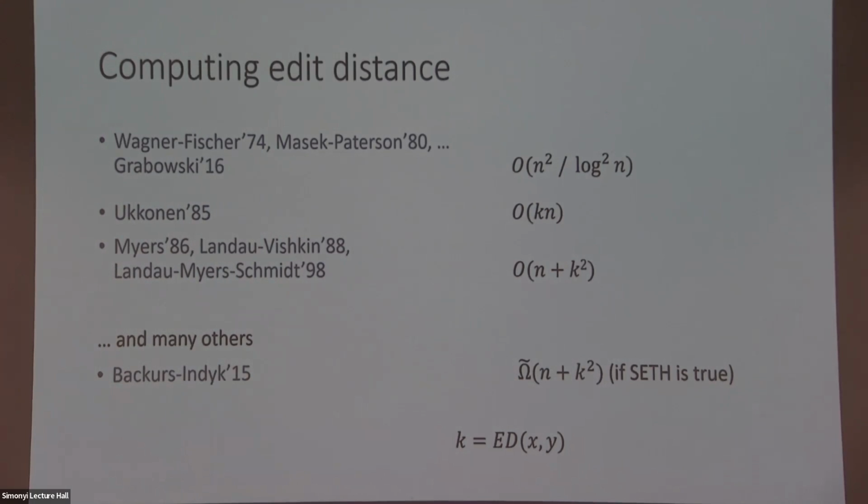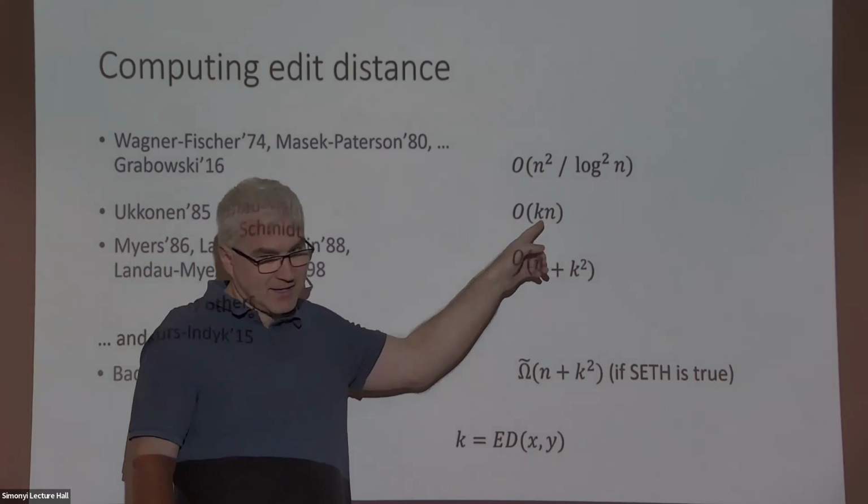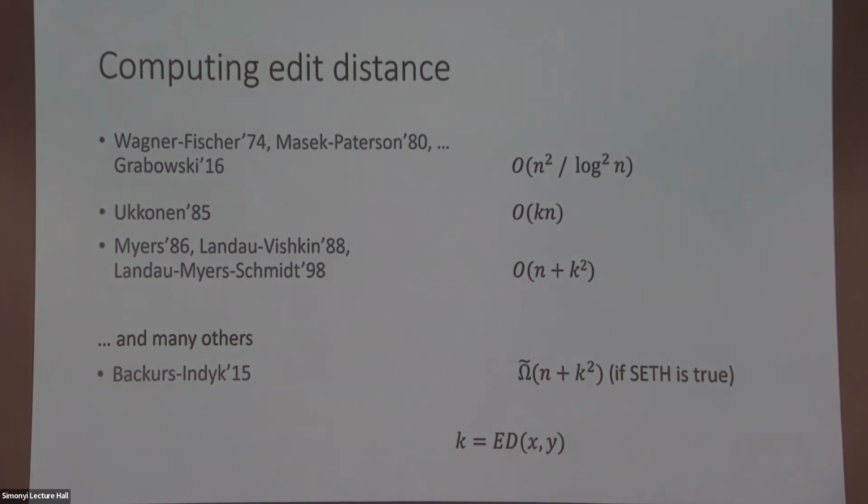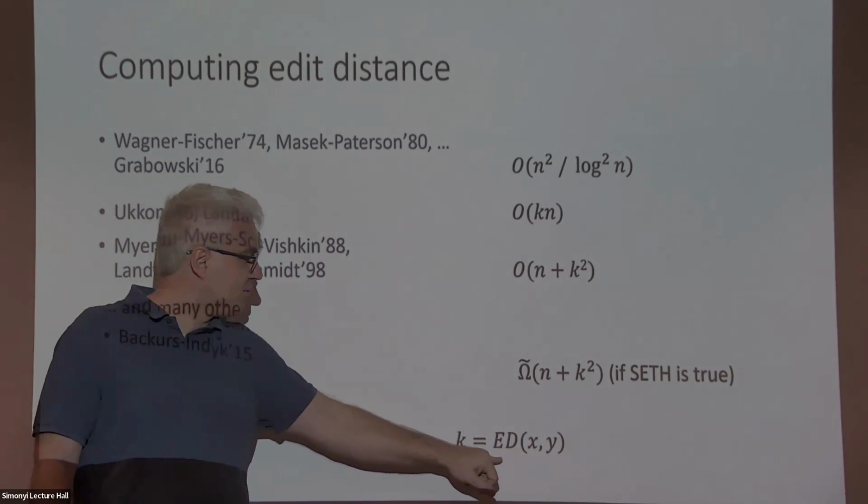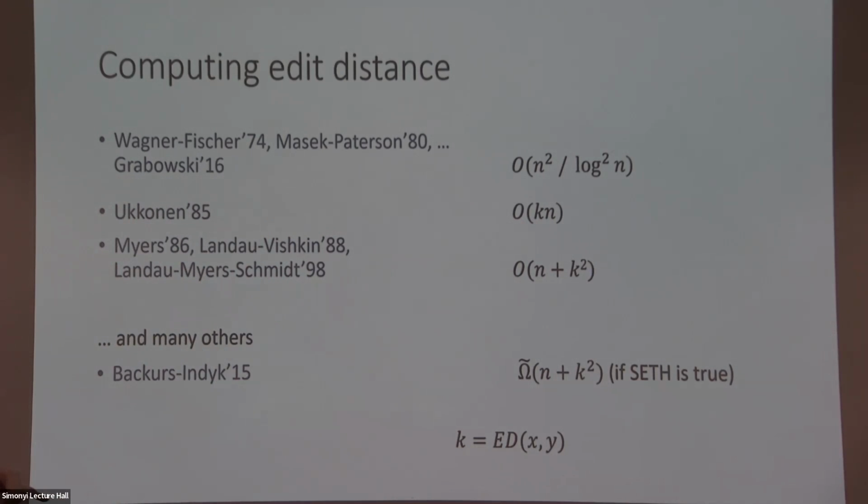But there are some other algorithms. There is Ukkonen's 85 algorithm, which runs in time kn. This parameter k is going to be important throughout my talk. By k, I mean either the edit distance or some upper bound on the edit distance. If the actual edit distance of the two strings x and y is k, then the algorithm runs in time kn.